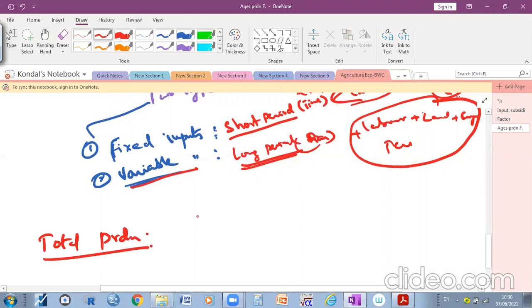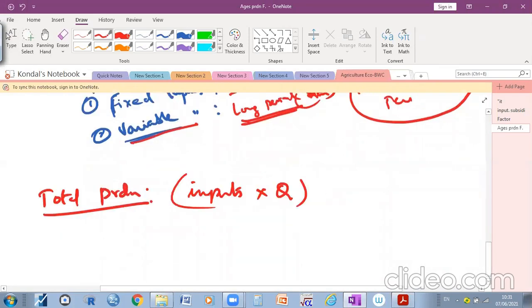Total production is inputs into quantity. That is called TP.